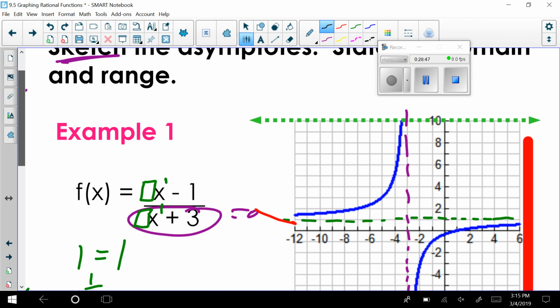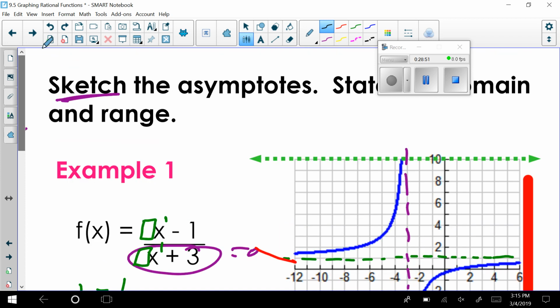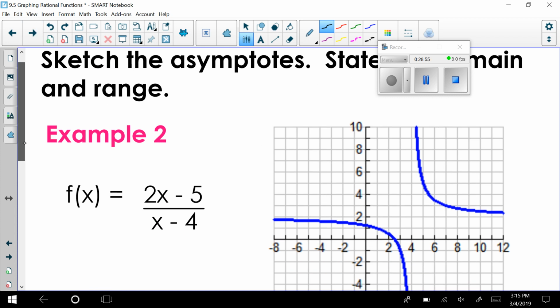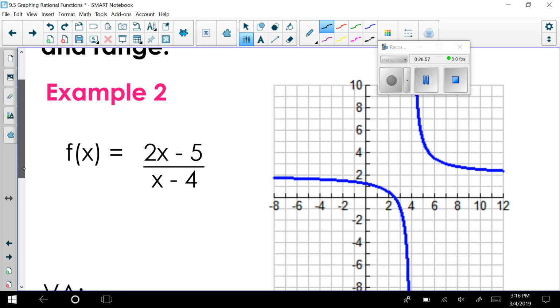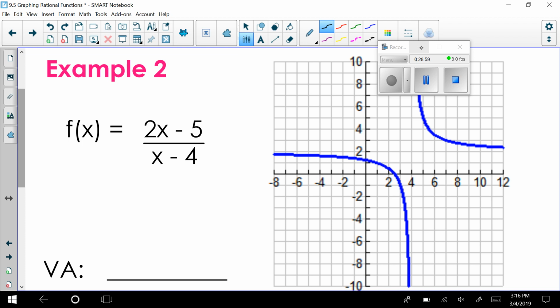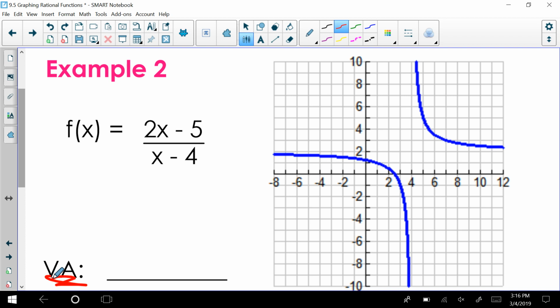Okay. I'm going to do one more here, and then we're going to call it done for this video. Okay. So, same type of thing going on here. It says that I want to sketch the asymptotes, right? Which the vertical asymptote would be at the bottom equals 0.